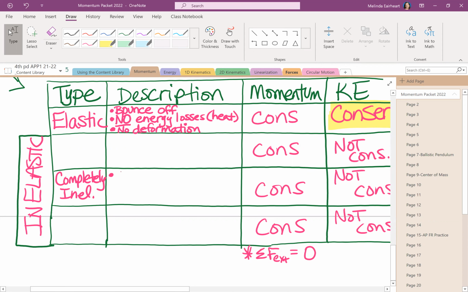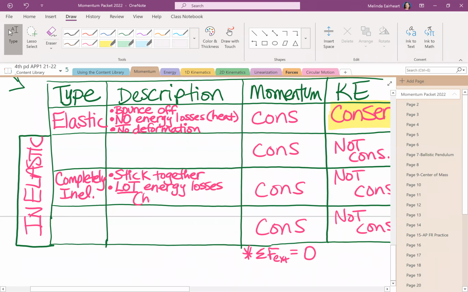What happens? They stick together. No bounce. They stick together. So 2 cars collide and stick together. Well, this one has a lot of energy losses.